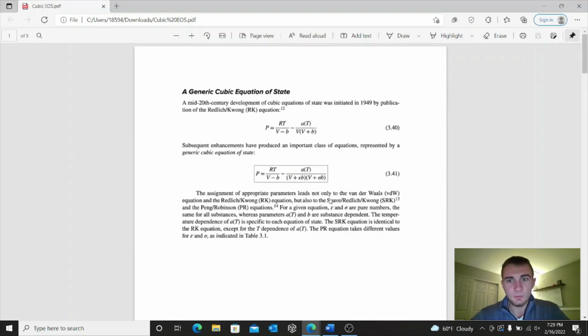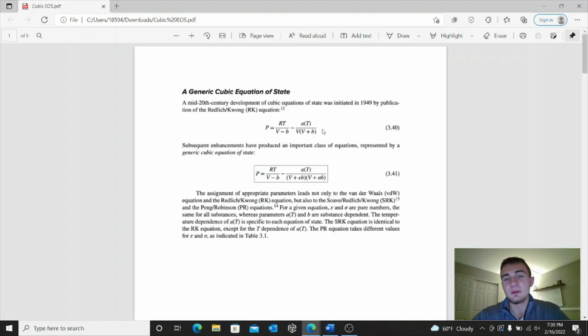Now, what we're going to be doing next in this video is looking at a situation where we know the pressure and temperature of a substance, but we want to know the V, the specific volume of that substance. In order to do that, we need to set up the van der Waals equation in terms of the compressibility factor Z. Now, if you remember, Z, the compressibility factor, is equal to PV over RT for an ideal gas.